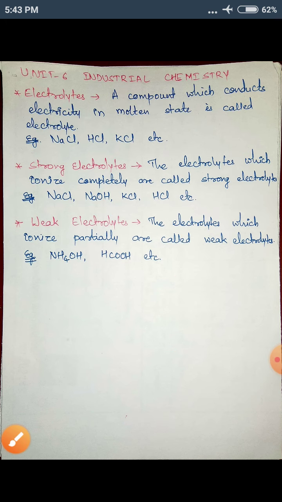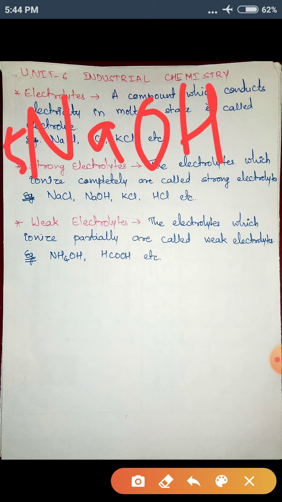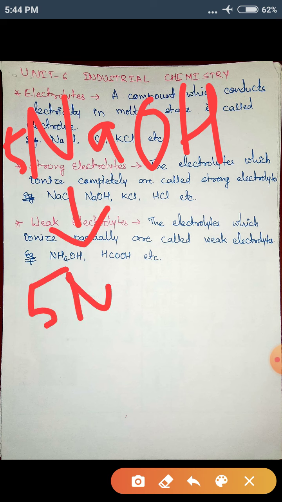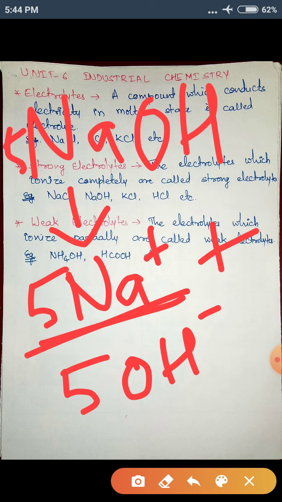Similarly, if you add, say, 5 molecules of NaOH, this also dissolves as 5 molecules of Na plus and 5 molecules of OH minus. Whenever you see, the number of positive charges is equal to the number of negative charges.